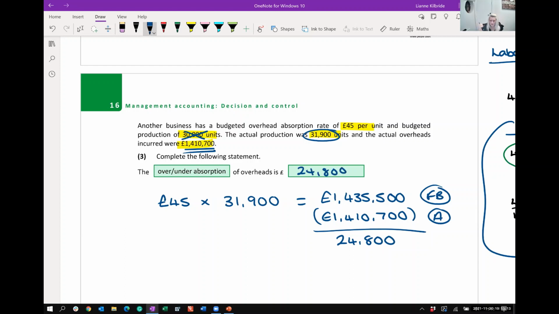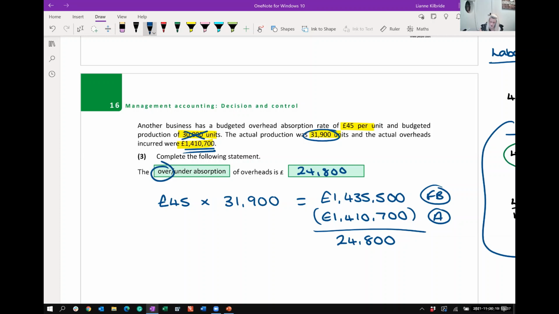Always start with your flex budget at the top, because this will help you to understand whether it's under or over. If your result comes out as a positive figure, it means that your flex budget, as you can see there, is higher than your actual. So that means that you have over absorbed. So well done for those who have put that in the answer.